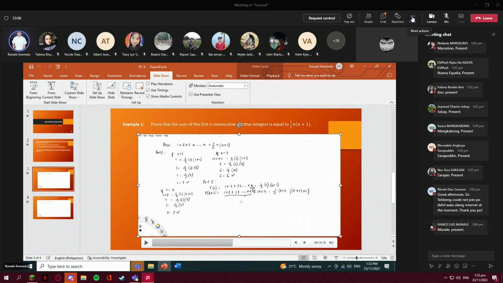So meaning to say, we can just substitute this, 1 half of k times k plus 1, plus k plus 1, is equal to 1 half of k plus 1, then times, remove the grouping symbol, k plus 1 plus 1.